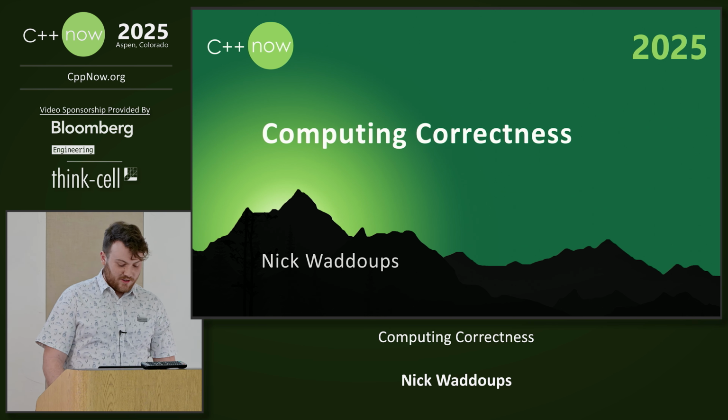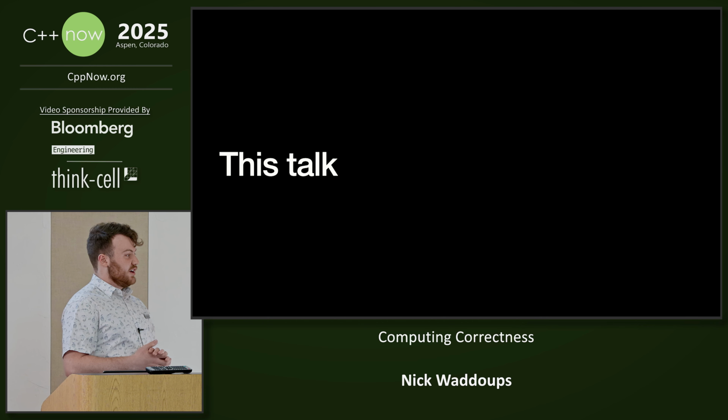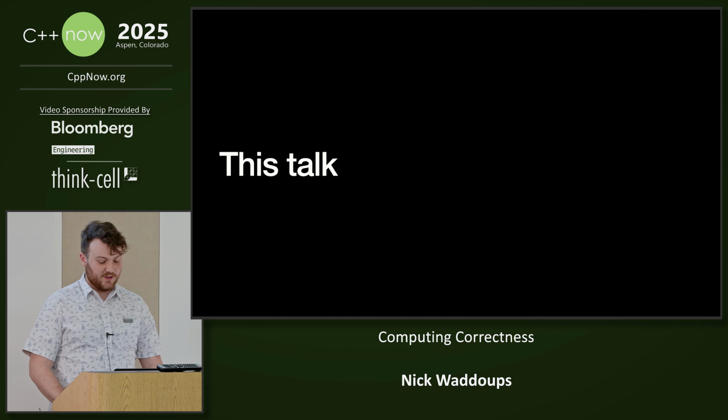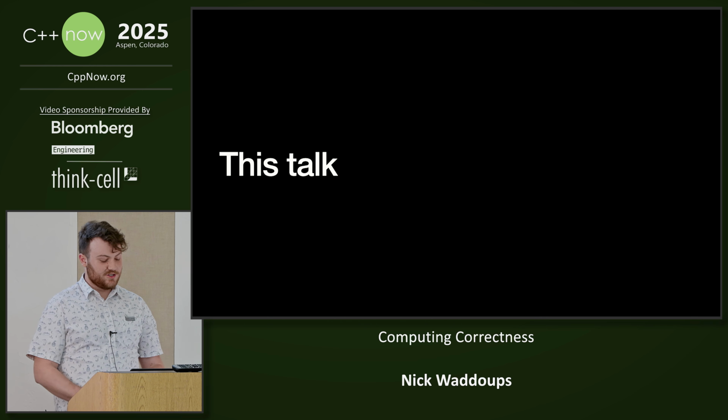So let's go ahead and talk about what we're going to cover today. Overall, my goal is to introduce you all to some formal verification concepts and what formal verification might look like in C++ and also in some other languages.